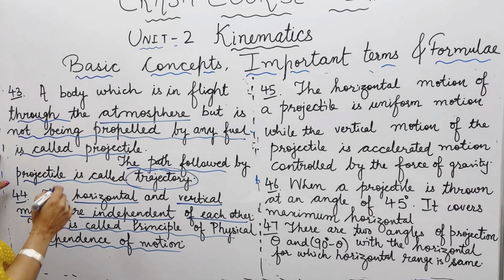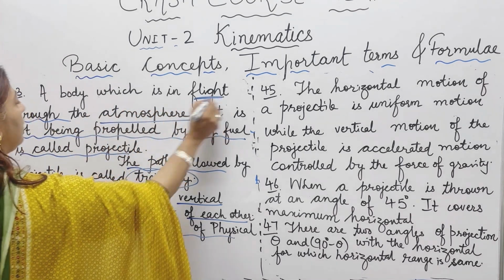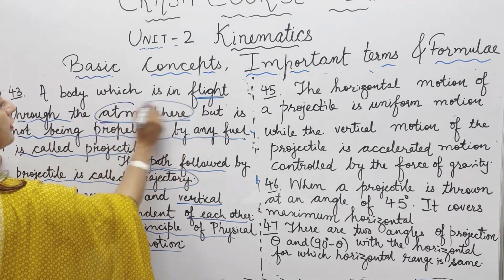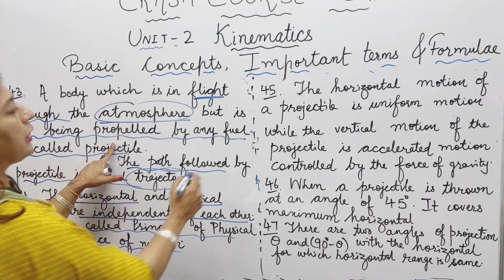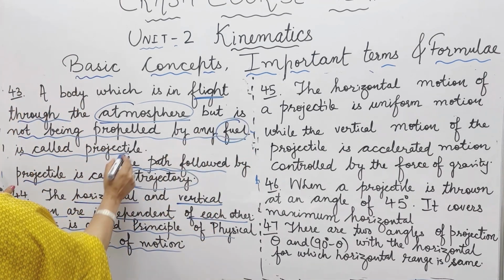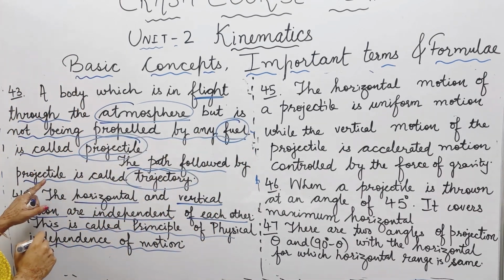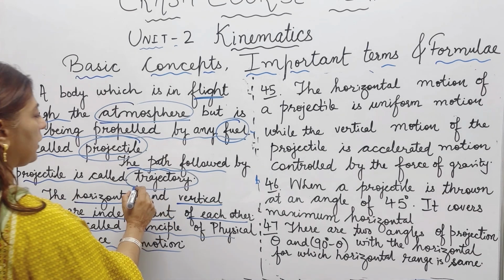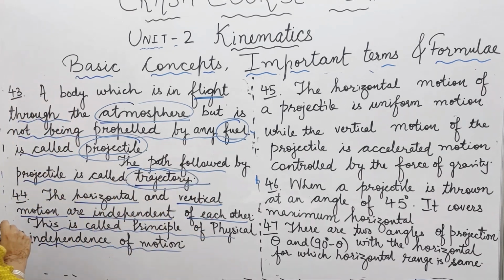A body which is in flight through the atmosphere but is not being propelled by any fuel is called a projectile. The path that is followed by the projectile is known as the trajectory. The horizontal and vertical motions of the projectile are independent of each other.